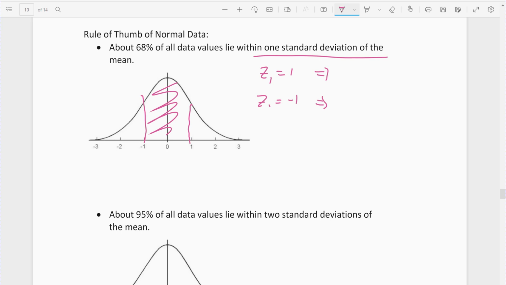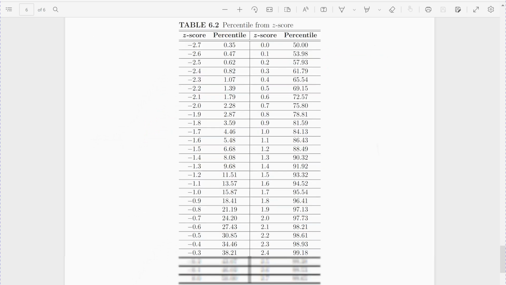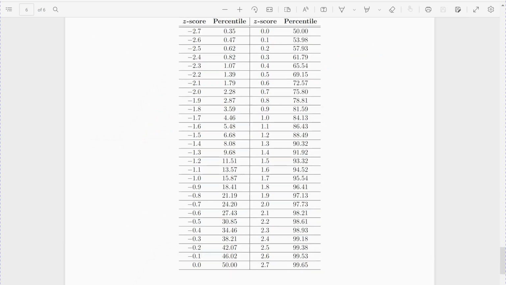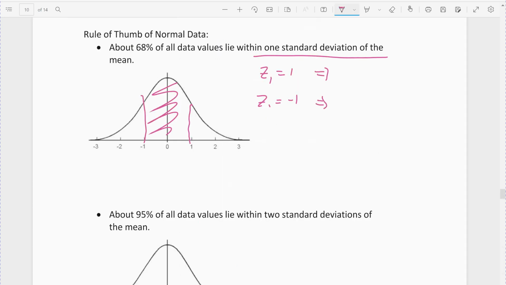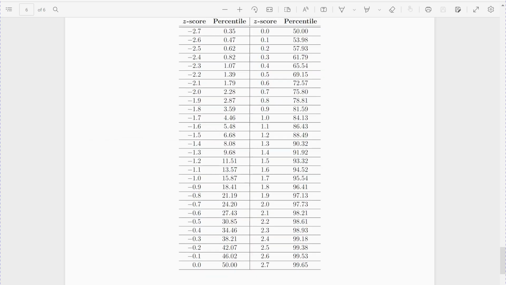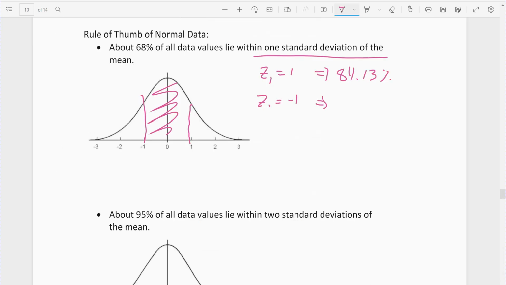So my table value at 1 is 84.13, and at negative 1 is 15.87. For some reason I can't remember these, 15.87%.